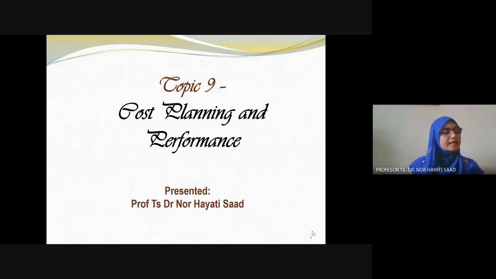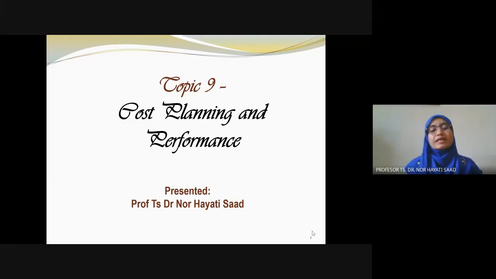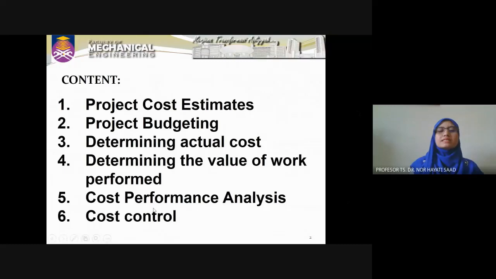We also need to consider the way we plan every single detailed cost before we can get the project baseline. And in this topic, we will also consider the cost performance analysis, number 5.